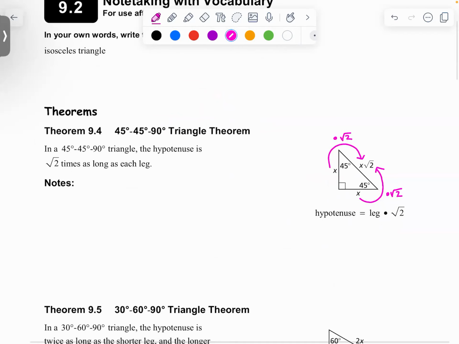Now, this is how we are going to utilize that. We're going to draw a triangle right here. We're going to draw more than one, just so you know. So we have a right triangle where I have 45, 45, and this side is 3.